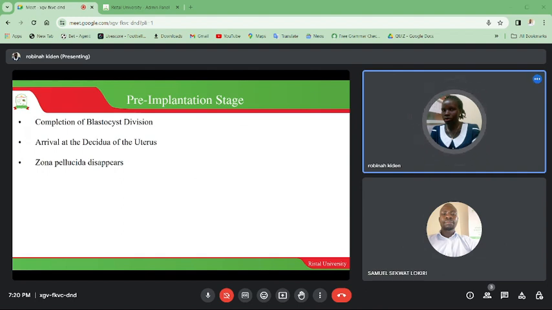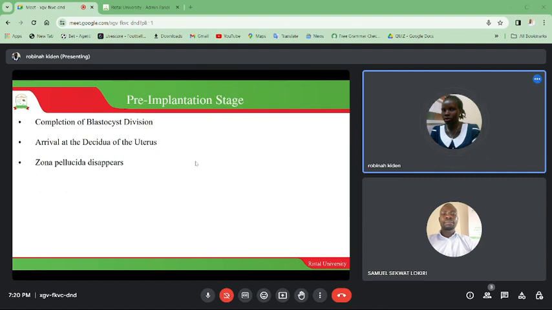Then after that, the zygote now moves into the endometrium. It moves from the fallopian tube or the ampulla where the fertilization has taken place. Then it moves up to the decidua. The previously known endometrium is now known as the decidua because of the increased supply of nutrients and blood specifically.